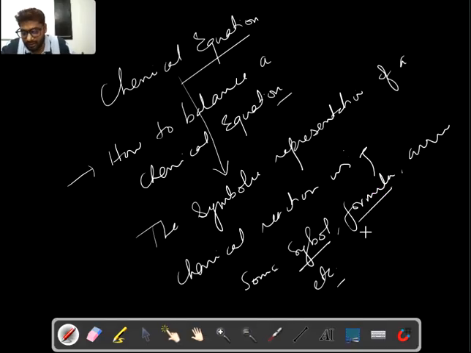So we will first discuss what kind of symbols we generally use to represent a chemical reaction.